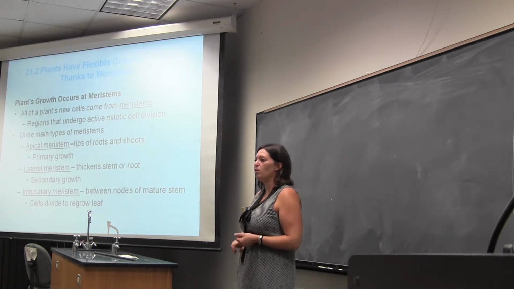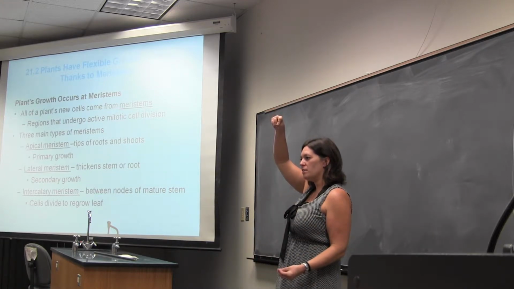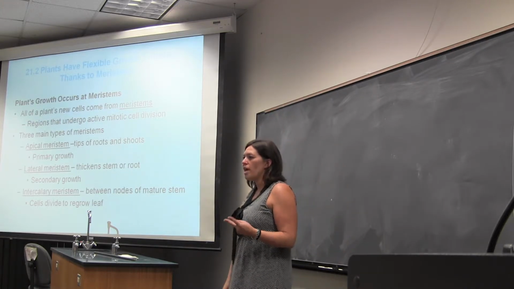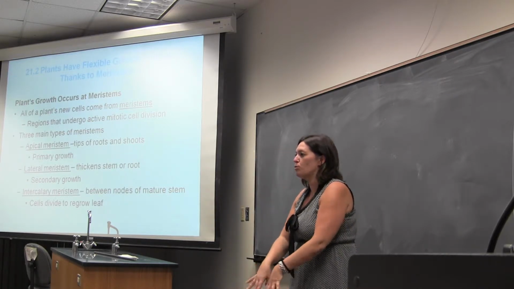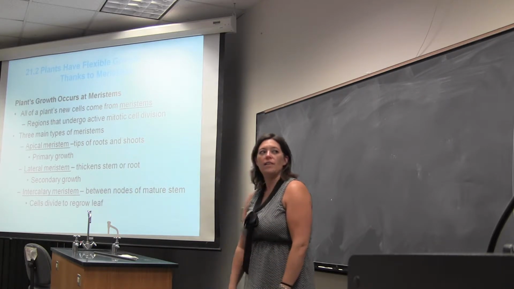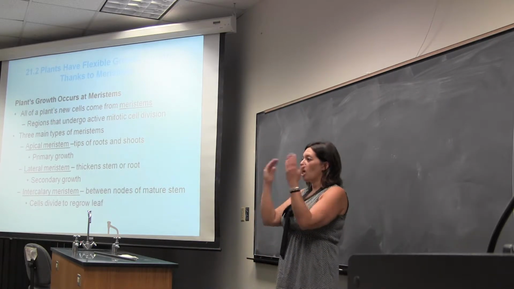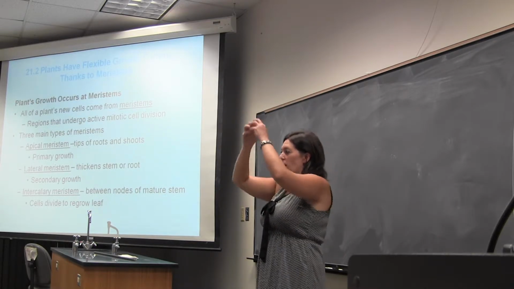The first one is the apical meristem. Apical means at the extreme ends. So you actually have 2 apical meristems. You have one down at the bottom of the roots, where the roots are growing and going into the soil. And then you're going to have one at the top of the plant, at the other extreme of the plant, and so that's going to be dividing.